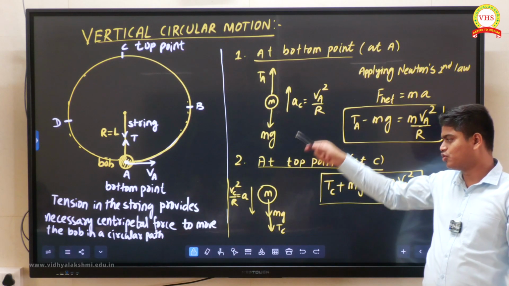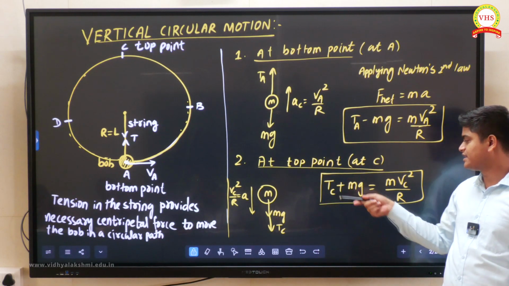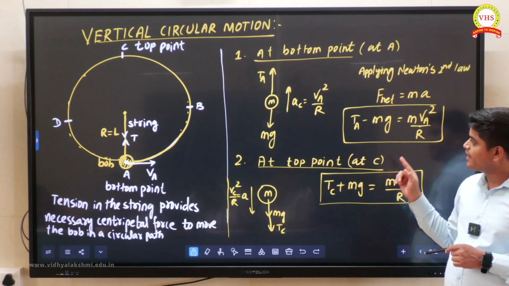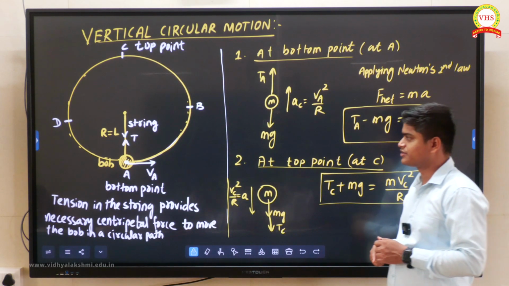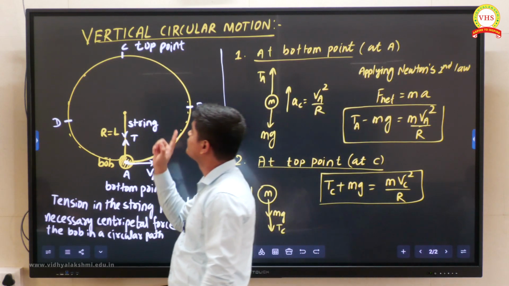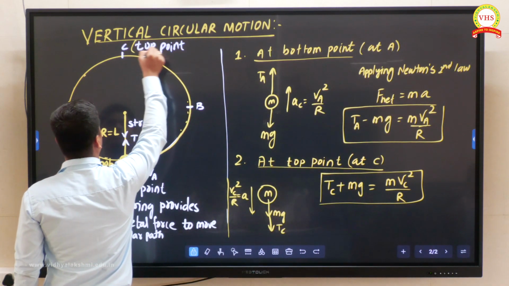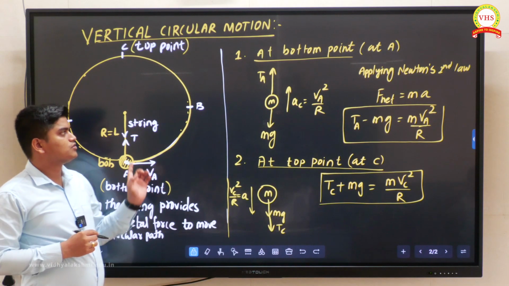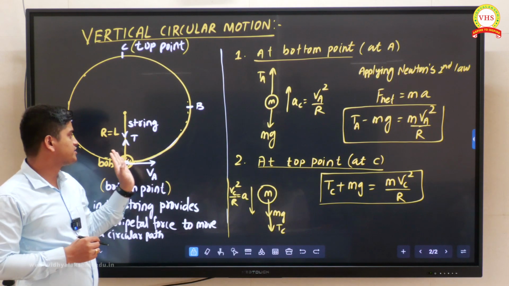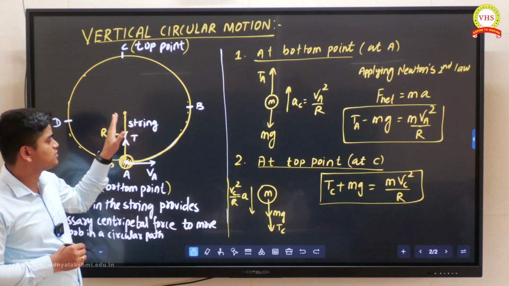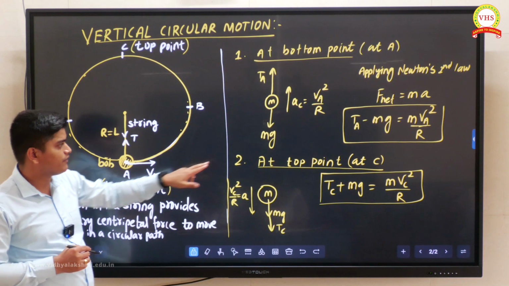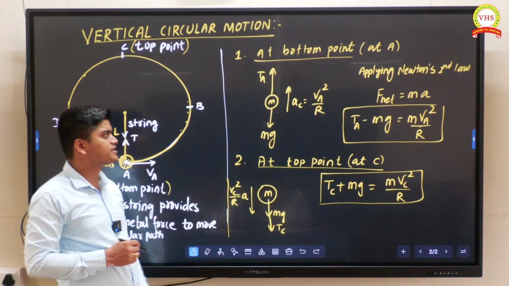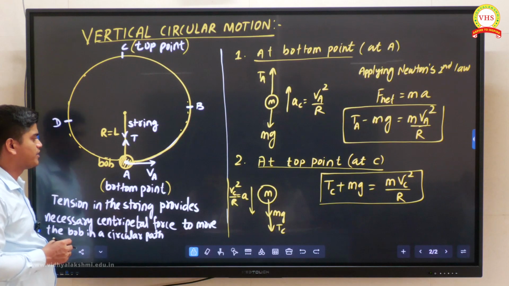So Tc and mg both act downward, and that provides the necessary centripetal force for circular motion. This is the idea you get from the picture: one is top point analysis, one is bottom point analysis. C is the top point and A is the bottom point. At the bottom point, tension provides the necessary centripetal force, with gravity also there, so the net force is TA minus mg, which equals m vA square by r.